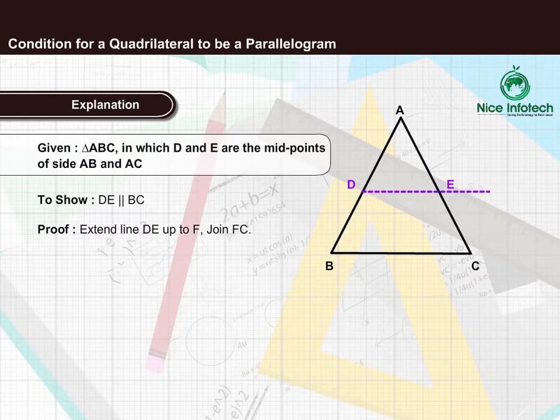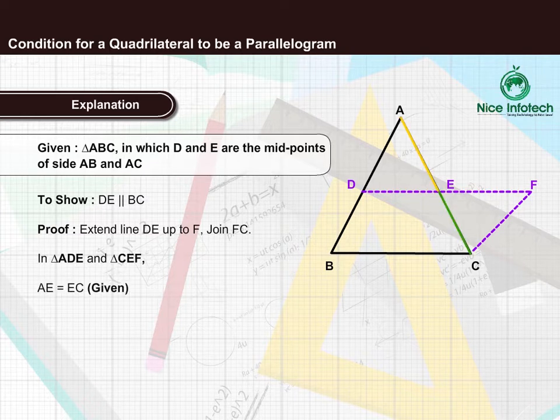First of all, extend the line DE up to F. Join FC. Observe triangle ADE and triangle CEF. In triangle ADE and triangle CEF, AE is equal to EC, as E is the midpoint of AC.